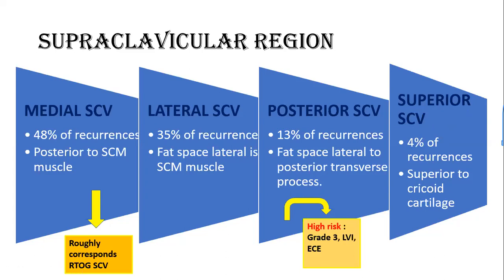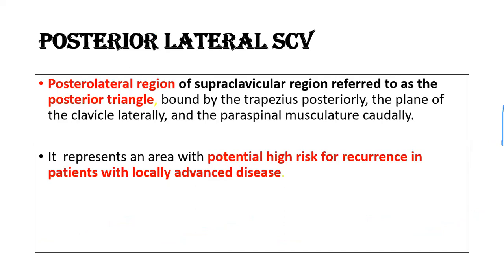So what is this posterior lateral volume that we have discussed? It is basically the posterior triangle in the neck. This posterior lateral region is a potential high risk of recurrence, especially in patients with locally advanced disease.